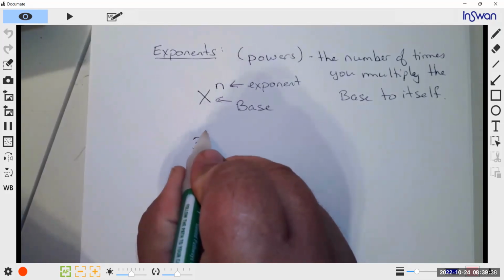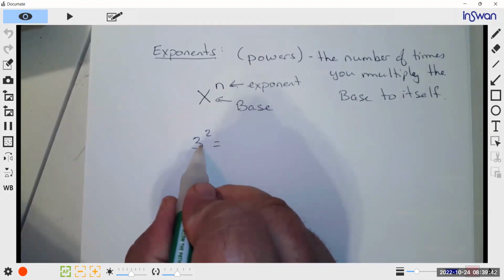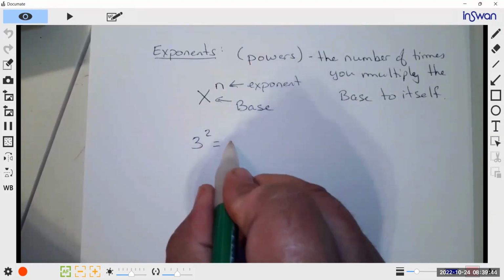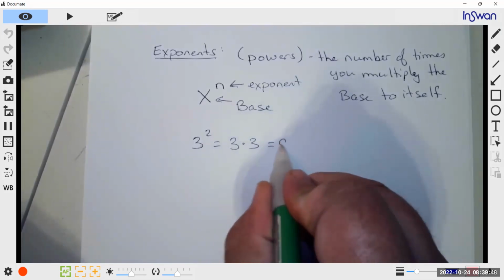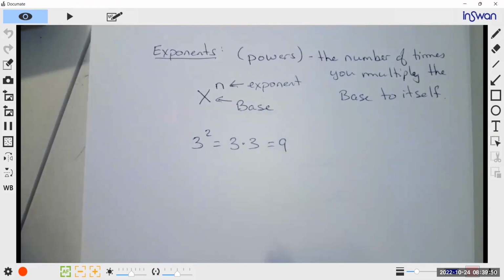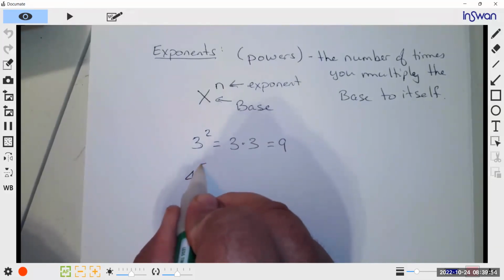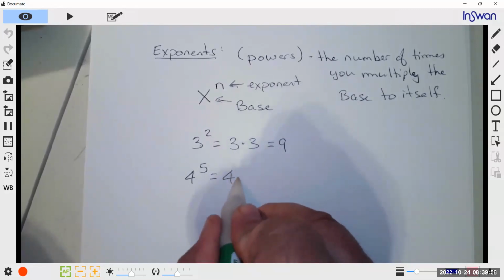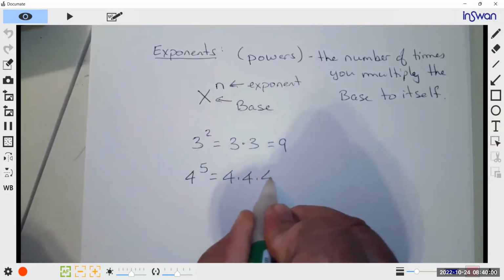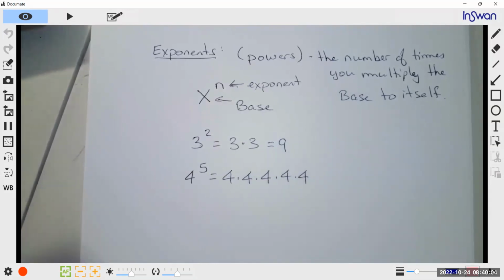Which is why 3 squared, here's the base, that's the exponent. It says take the base and multiply it to itself 2 times. 3 times 3 is 9, which is why 3 squared is 9. Four to the fifth is 4 times 4 times 4 times 4 times 4.